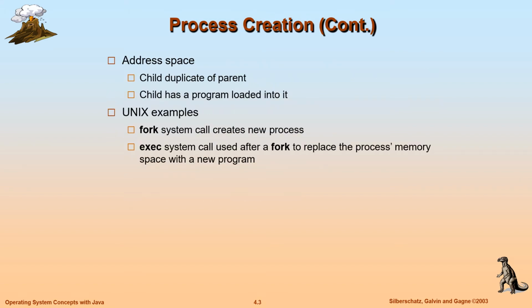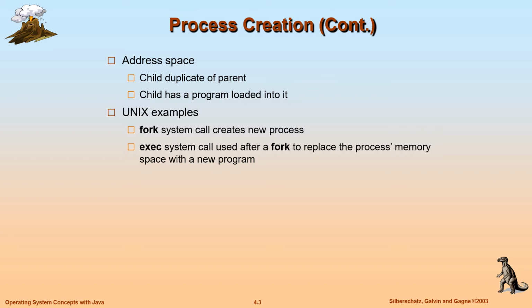When a process creates new processes, two possibilities exist in terms of execution. Number one, the parent continues to execute concurrently with its children. Number two, the parent waits until some or all of its children have terminated. There are also two possibilities in terms of the address space of the new processes.